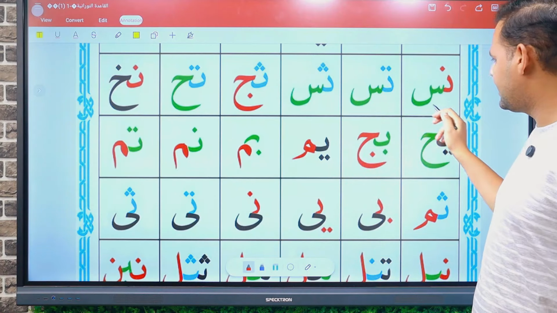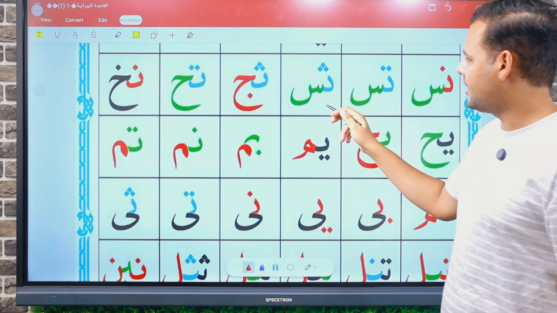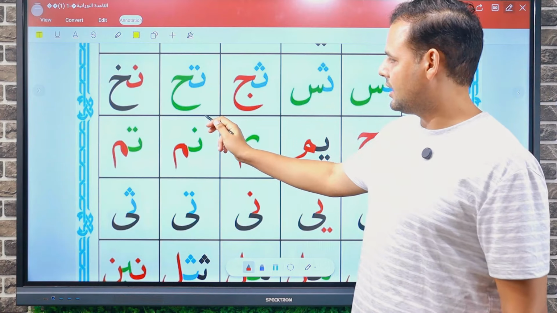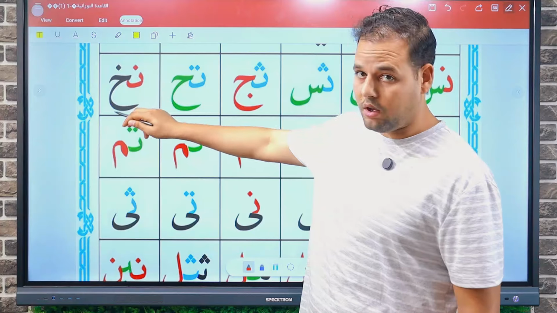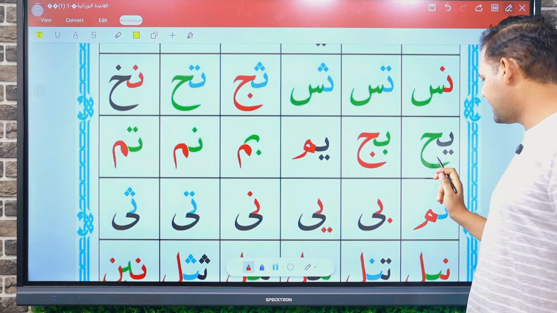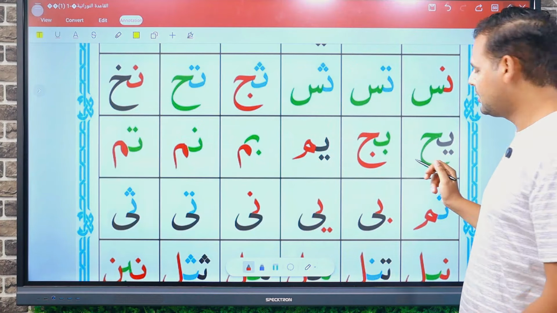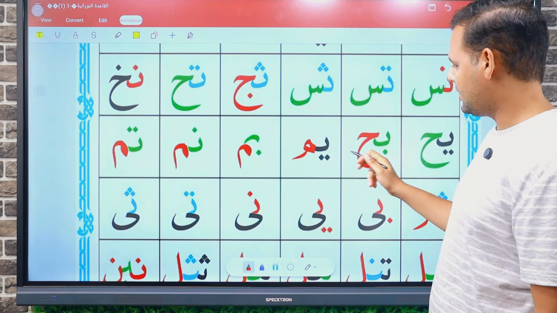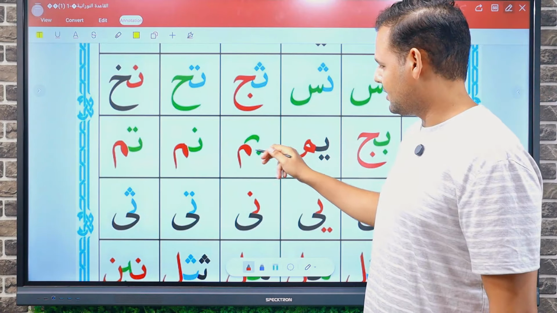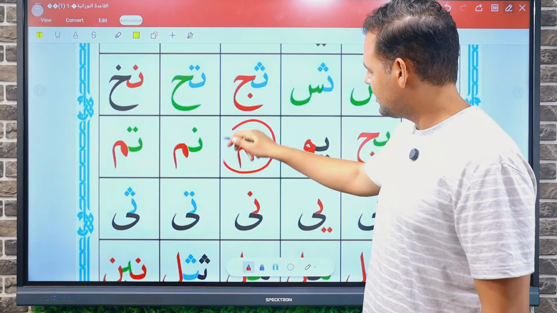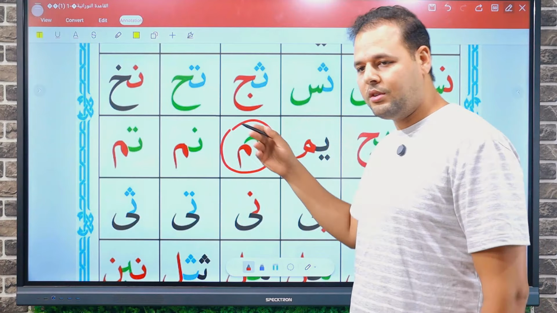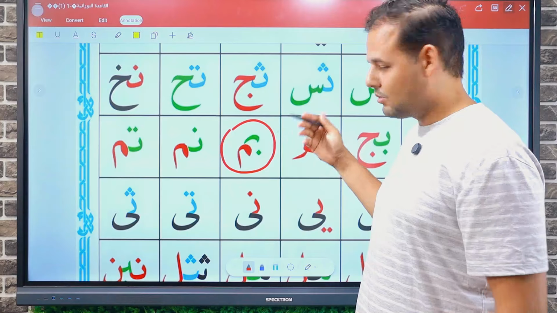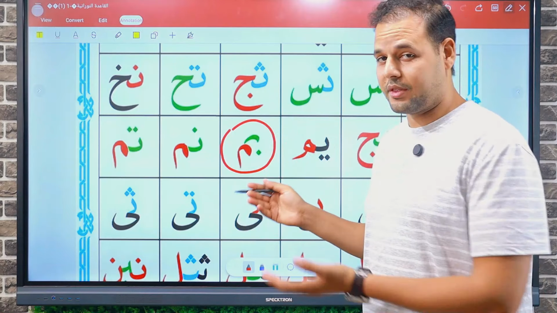So here we have nasa, tasa, thasa, thaja, taha, na, kha. And then here ya, because it's two dots down, yaha, baja, yama. And I know this shape looks weird, but think of it. It's one dot down. What is the letter with one dot down other than ba?